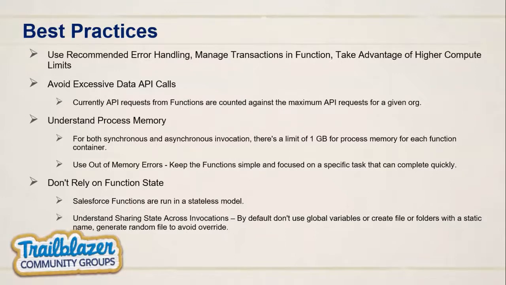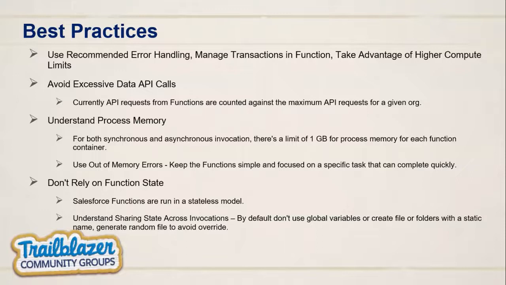Next is to avoid excessive data API calls. Currently, all the API requests from the functions are counted against the maximum API requests given for an org. So in general, we should be very careful of making API calls.